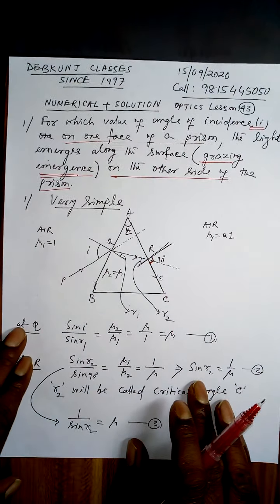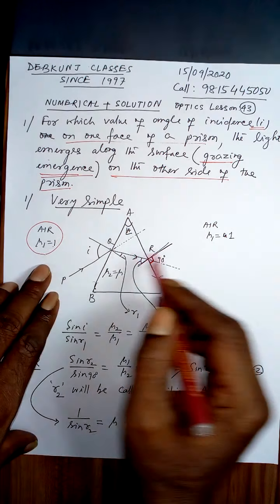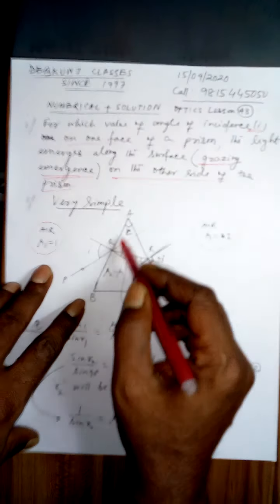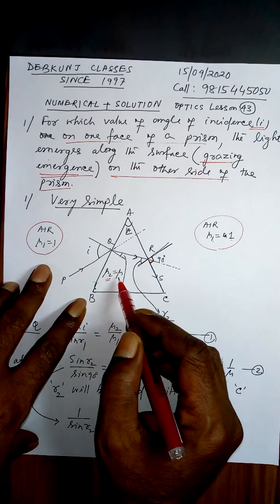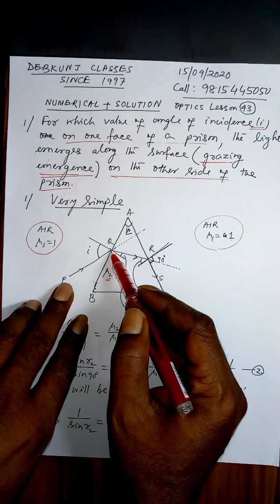Now look, on this side is air, refractive index mu1 is 1. ABC is the glass prism, refractive index mu2, I take it as mu. PQ is the incident ray.